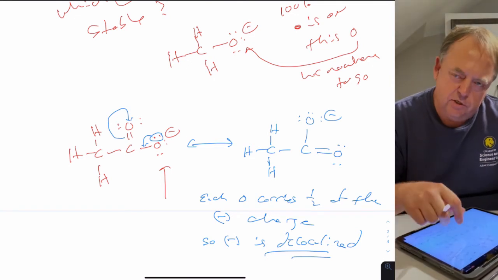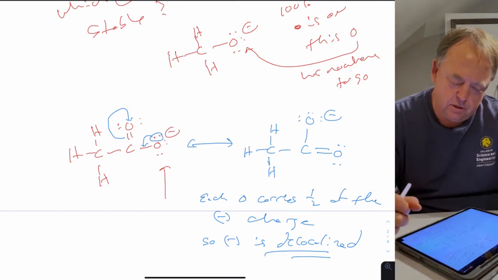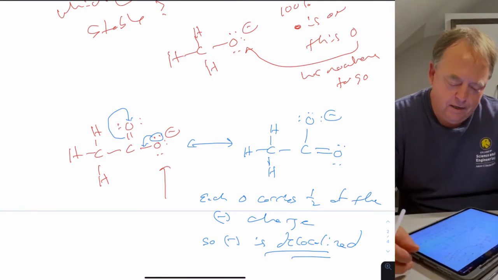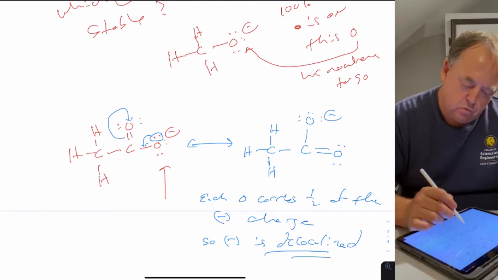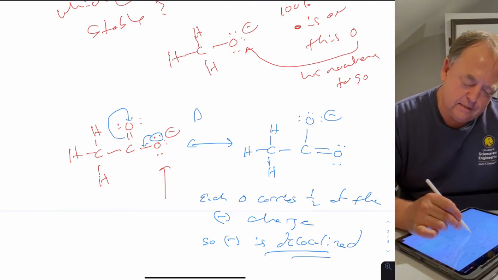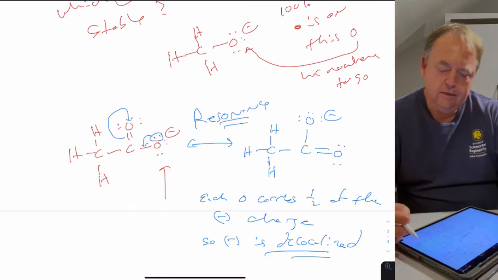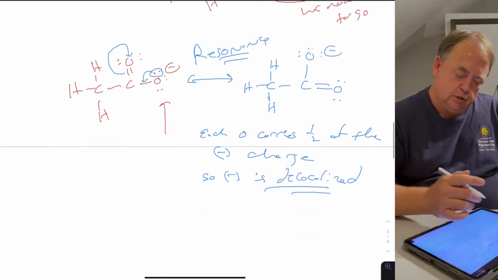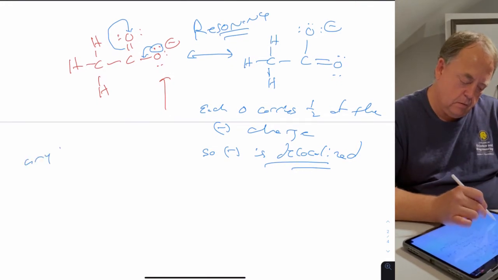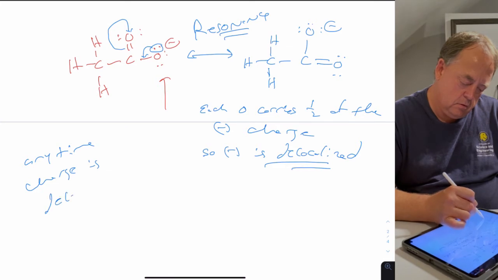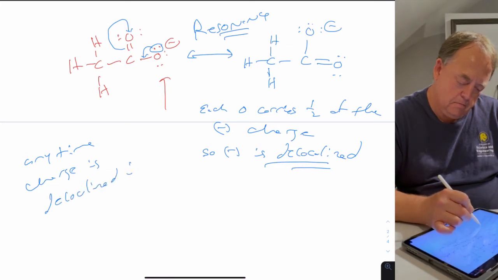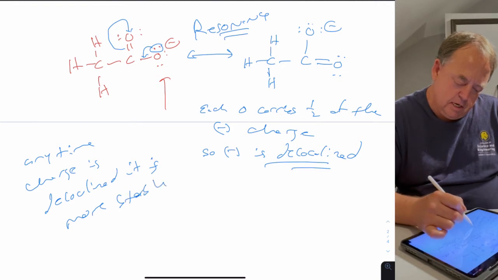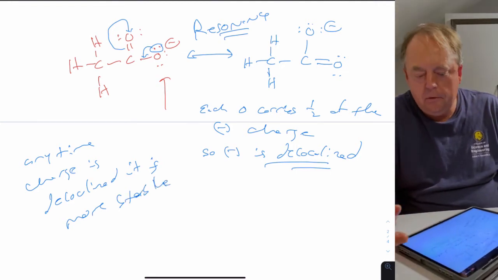So what is it that we've just done? Hopefully you've watched all of the videos from chapter 1. If you have, then you recognize that what we just did is draw a resonance structure. Anytime that you can delocalize charge, it is more stable.